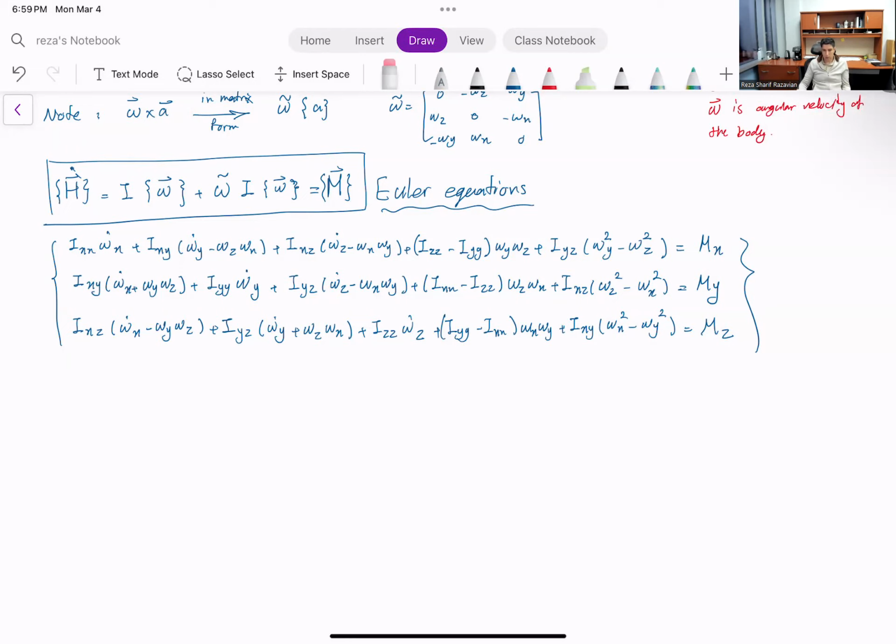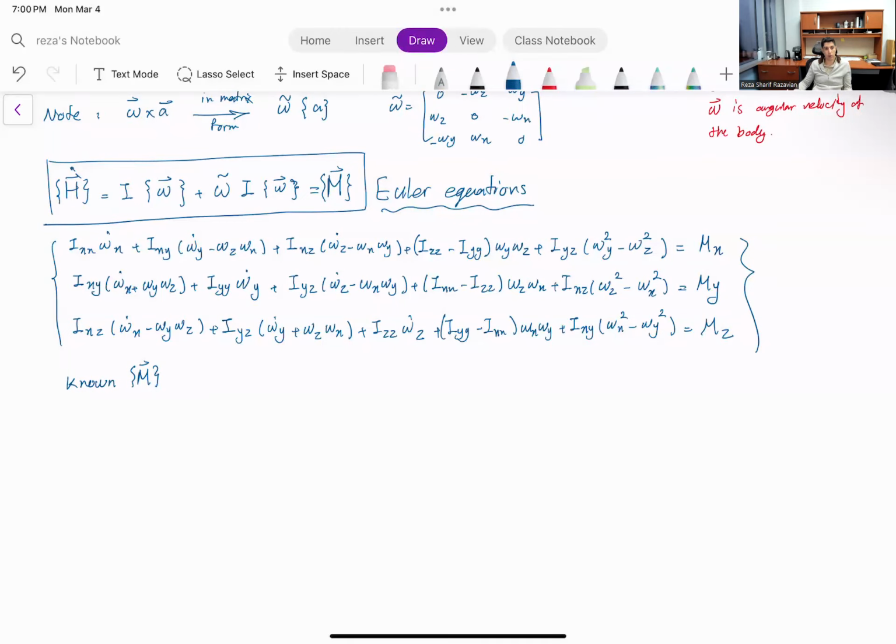So you can do quite a lot of things with this. For instance, if you know what your moments are on a body, you can use it starting from some initial condition and solve these three differential equations in terms of omega x, omega y, and omega z.